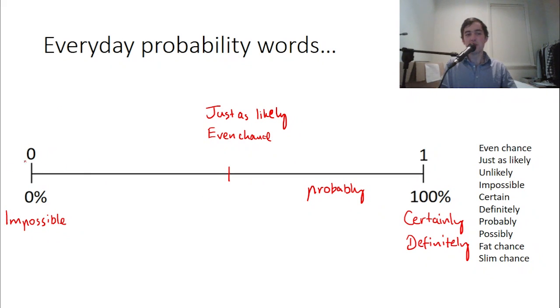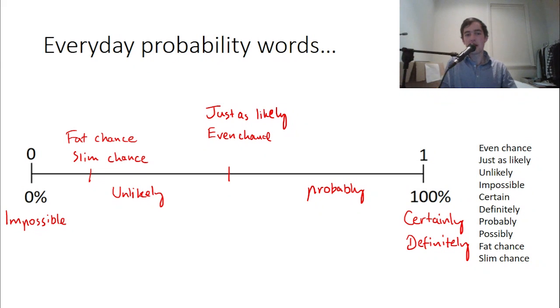If something's possible, it could be anywhere except for here. Funnily enough, fat chance and slim chance mean the same thing. Don't know how that happened really, but they both mean very unlikely. Oh, and I haven't put unlikely in here either, so I'll put unlikely.